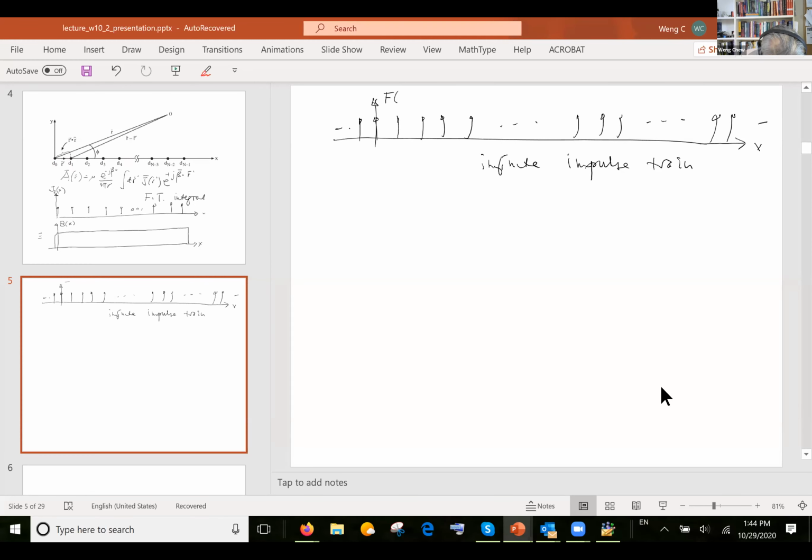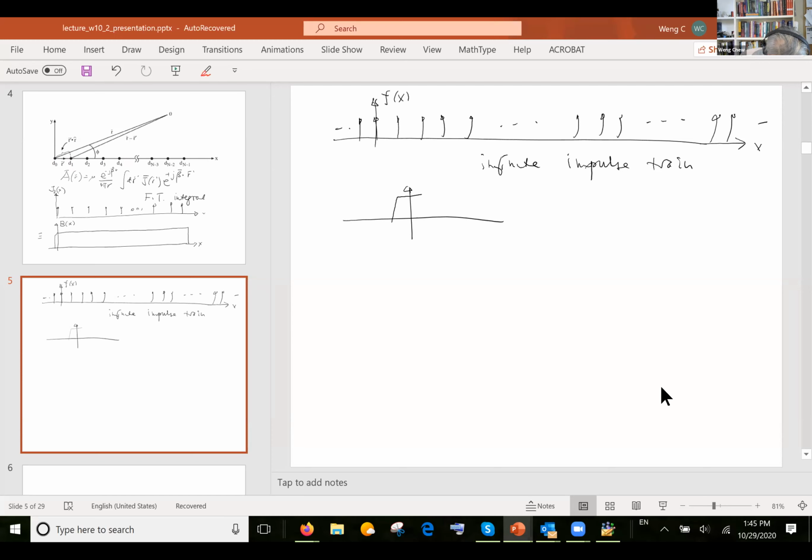Say if I have this function of x, okay, maybe I can just use lowercase f. What is the Fourier transform of this thing? Anybody good in signal processing can tell me the answer right away. Is it a sinc? No, not a sinc. The Fourier transform of a box function is a sinc.